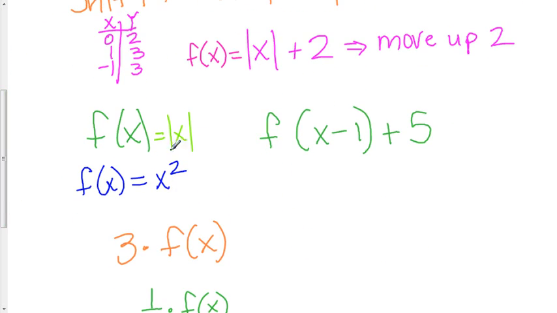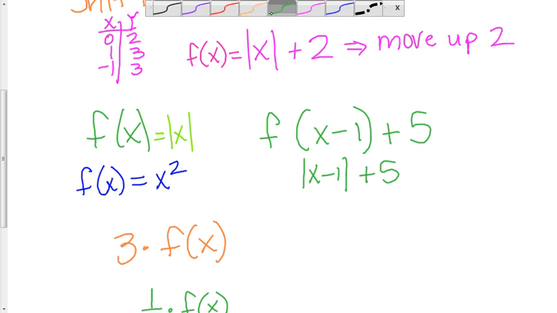Now then, if you had f of x equals the absolute value of x, and it said find out what happens to this function where you have x minus 1 plus 5, what that would mean is, if you were to bring this over into this, you would have the absolute value of x minus 1 and then plus 5.